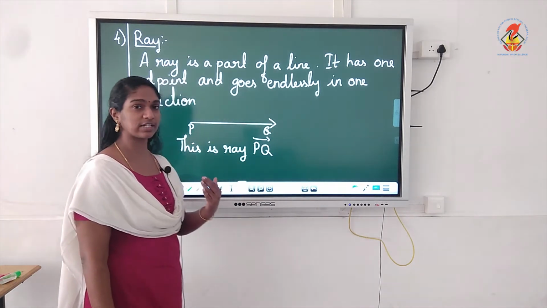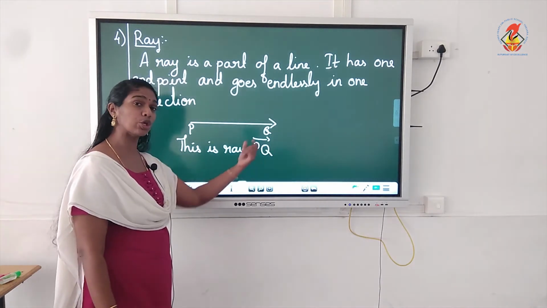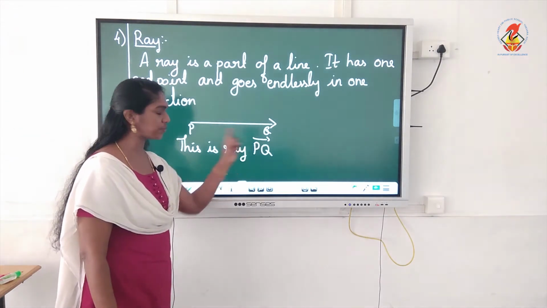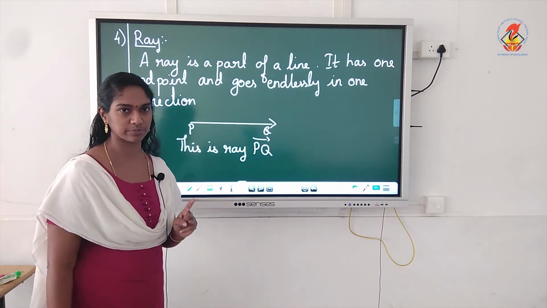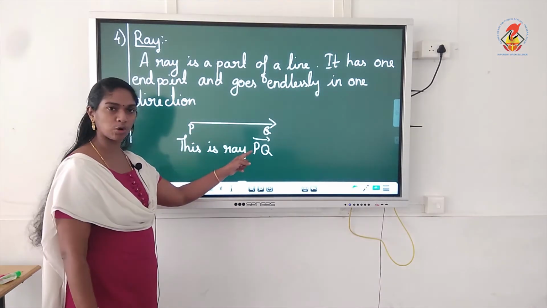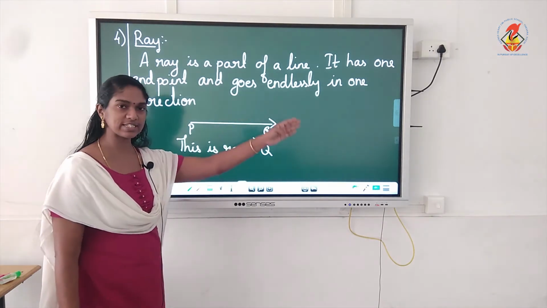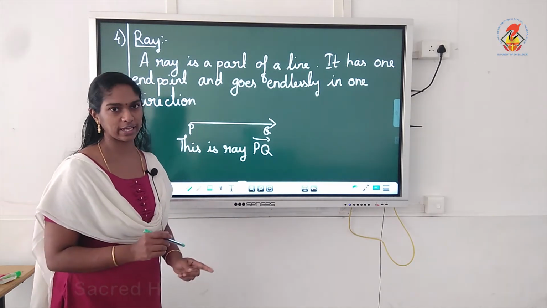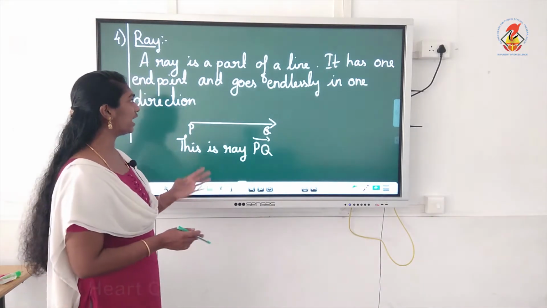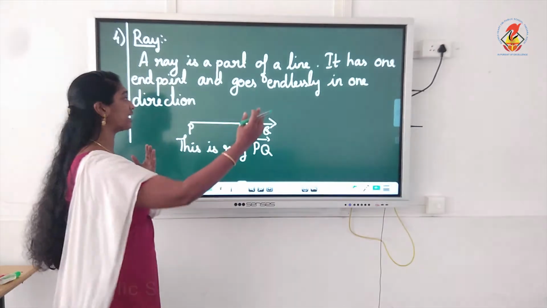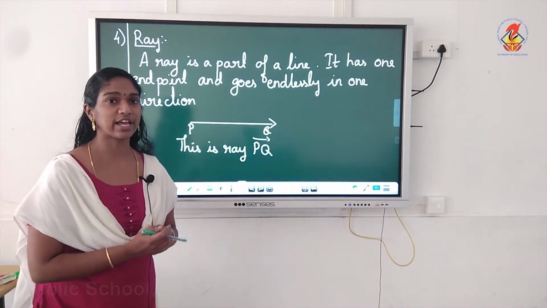So, you write PQ and draw one line and put one arrow at one end. According to the figure, P is the starting point, so at P you don't put the arrow. At Q it is extending, so above Q you put the arrow. So, what is a ray? A ray is a part of a line. It has one end point and goes endlessly in the other direction.